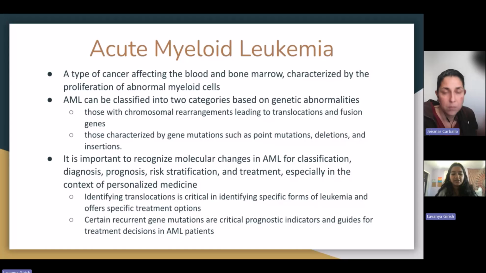Molecular testing can be especially helpful in identifying translocations and identifying specific forms of leukemia to offer specific treatment options and to identify certain recurrent gene mutations that are critical prognostic indicators and guides for treatments in the unique cases of AML patients.